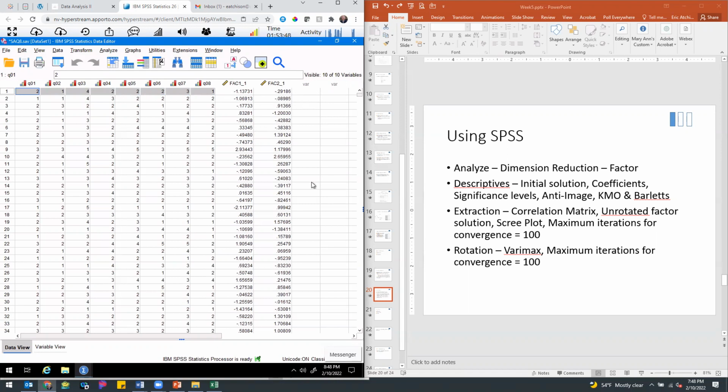I can't see the decimal points, y'all. I know they're there. If I can't see it, I know you can't see it. But here's the thing. A lot of difference, right, between 0.29 and 1.13. Not a lot of difference between 5686 and 42882. Not a lot of difference there, right? So remember all that variation that we're trying to account for, we're seeing it on an individual response basis here.